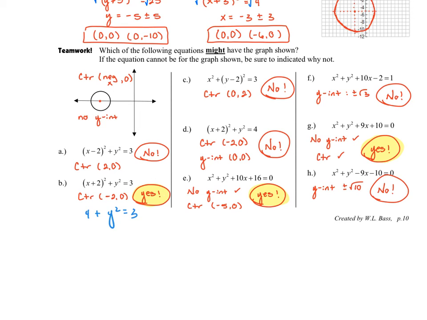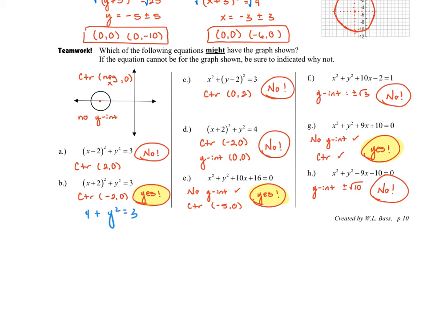On the next one, what I did here is I actually covered up the x's and the y's to find the intercepts. So if I found my y-intercept, letting my x's be 0, so this term drops out and this term drops out, what I see is that I don't have a y-intercept because the y squared is a -16.